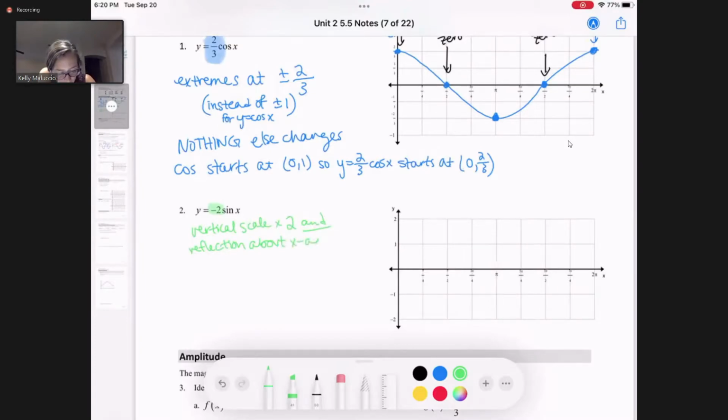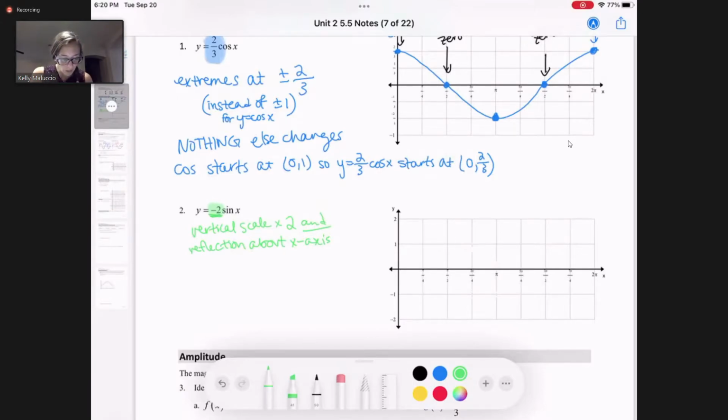In algebra 2 or one of the math classes before this, you should have seen some transformation stuff. When you multiply a function by a negative, it just reflects over the x-axis. So this is a vertical scale by 2, but also a reflection in the x-axis. This is going to look a little bit funky, but same idea.